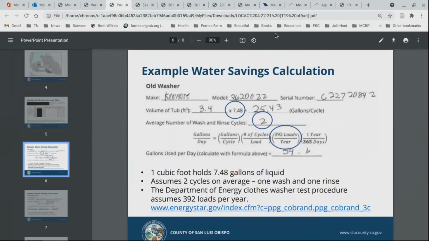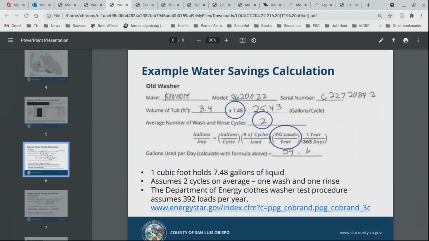So I think the point that I was trying to make is that if the county had been using 6 as the multiplier for old washers, which was changed in 2010, and changing the loads per laundry that were done in Los Osos, which has up until now 2.2 people. And yes, the new 2020 census is going to show that we have more people in the county, but this is what's been going on for over a decade.